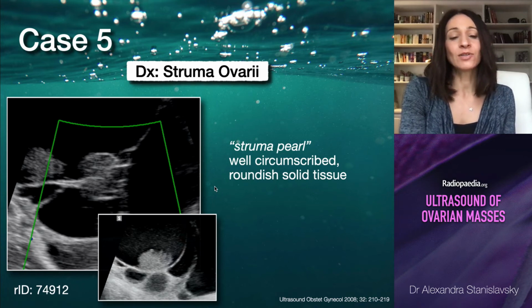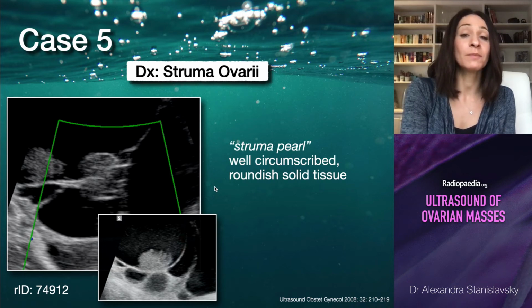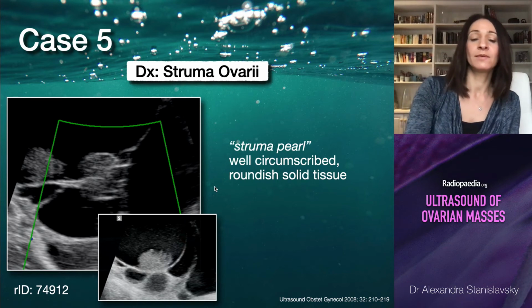Whilst it's hard to be definitive about the diagnosis in a tumour like this, there is some literature that's described, and I've got a reference down below, and it's a very good set of papers, of a specific appearance in struma ovarii tumours named struma pearls, which are well circumscribed roundish areas of solid tissue which do represent thyroid tissue. And just in retrospect, I think there's a couple of areas in there that might come under that category of struma pearls.